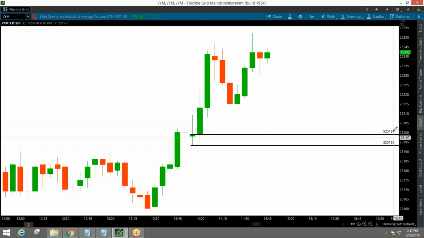First three numbers are the same, just these last two are different. So we just have to do the difference between these two, which is 6 ticks. 6 ticks at $5 per tick is what? Oh, 35. Sorry. No, 30. Yeah, no problem.